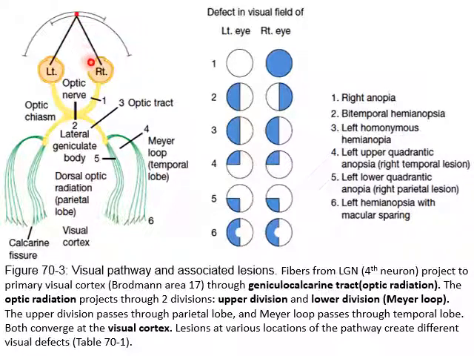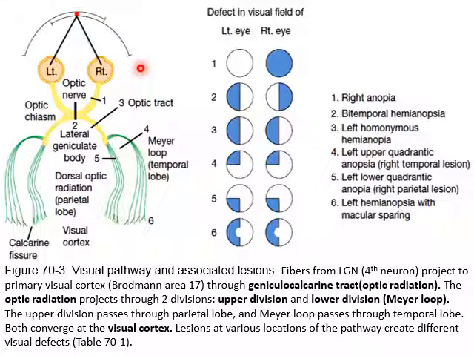The nasal hemiretina sees what is present in the temporal half of the field of vision. So the light runs in straight lines. That is why what is present in the temporal half of the field of vision is seen by the nasal retina, and what is present in the nasal half of the field of vision is seen by the temporal retina.